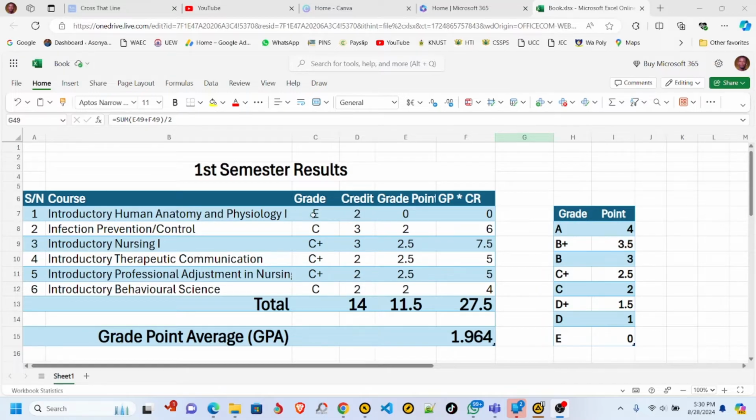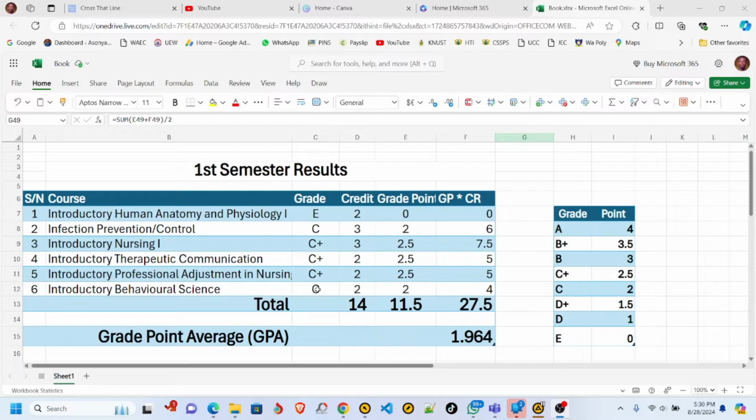This is just a sample. Let's say the person had E in anatomy, with E meaning the person failed, then IPC being C, introductory nursing with C+, therapeutic communication with C+, professional adjustment with C+, and behavioral science with C.